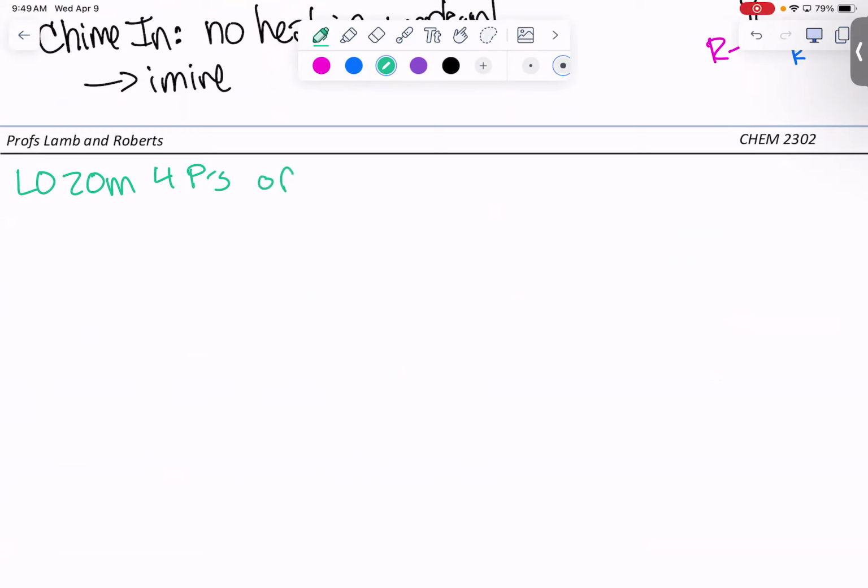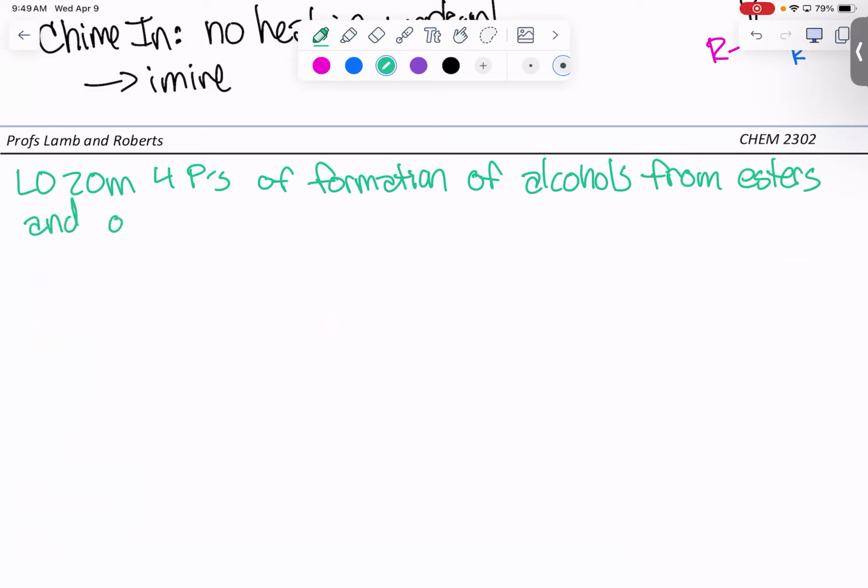So it's a 4 Ps of formation of alcohols, right? So that's going to be our product. And this is going to be from esters. So that's our carboxylic acid derivative that we're focusing on right now. And organometallics. Right, so we've discussed in this class before that hydride reagents, H- reagents, are going to be pretty similar in reactivity to organometallics, right?